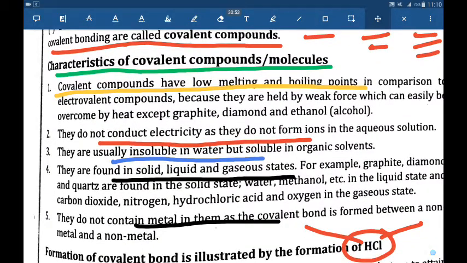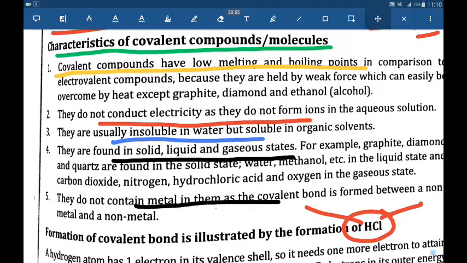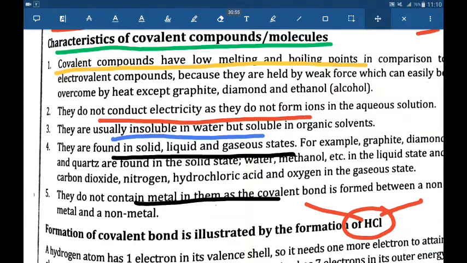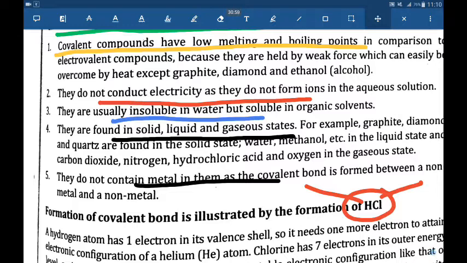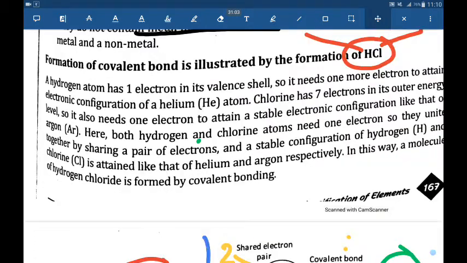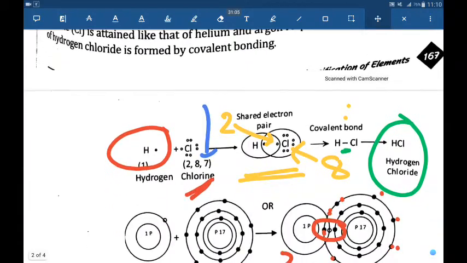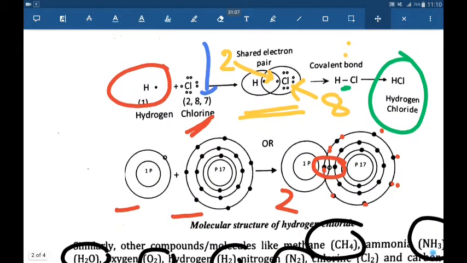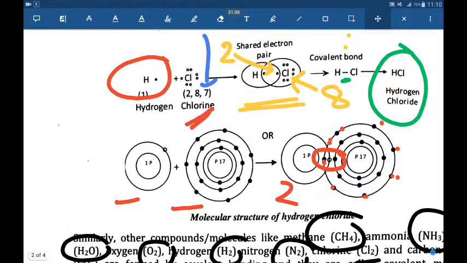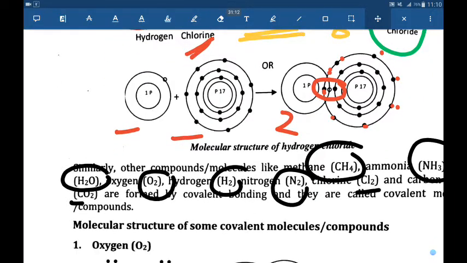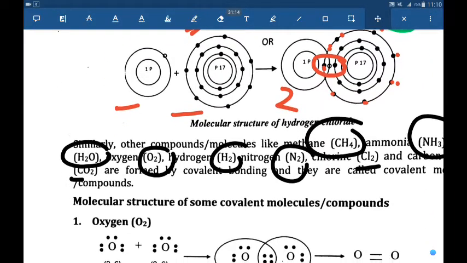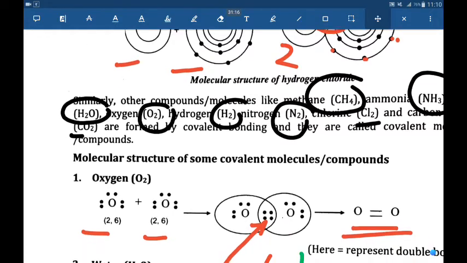Write any 4 characteristics of covalent compounds. Structure of following molecules.